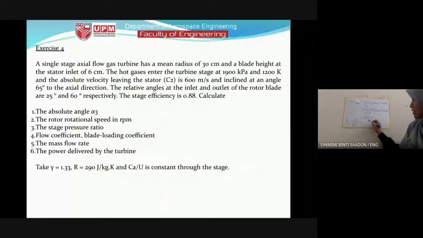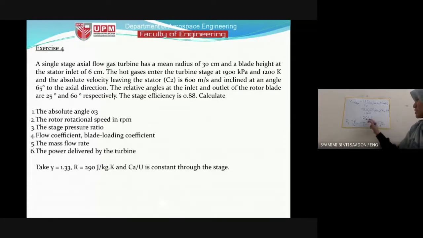So we have 1 over 1 minus delta T stage over the efficiency 0.88 times the initial temperature, which is given as 1200 Kelvin, all to the power gamma over gamma minus 1.